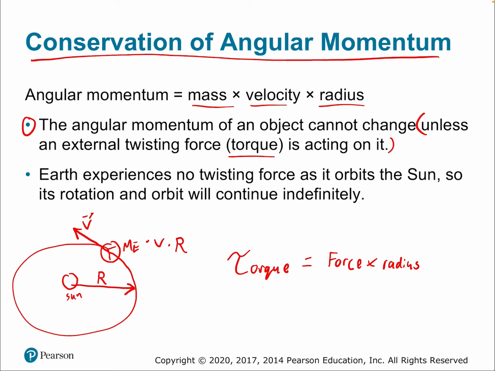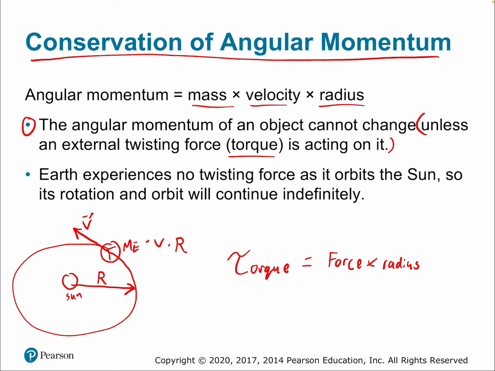So why the caveat about the external twisting force, the external torque? Because you can change angular momentum. You can even change the orbit of a planet, but you have to bring in an outside force. That doesn't typically happen. Once a solar system has developed, like our own, there aren't a lot of outside forces that just come in.